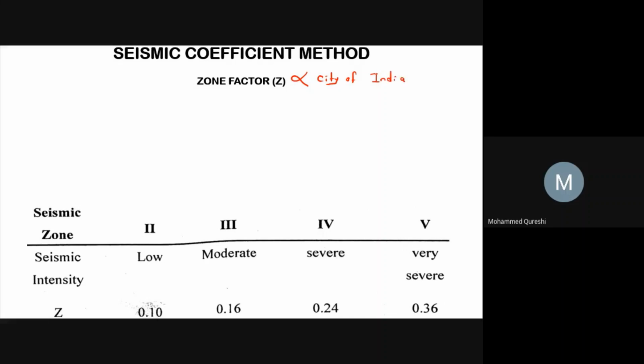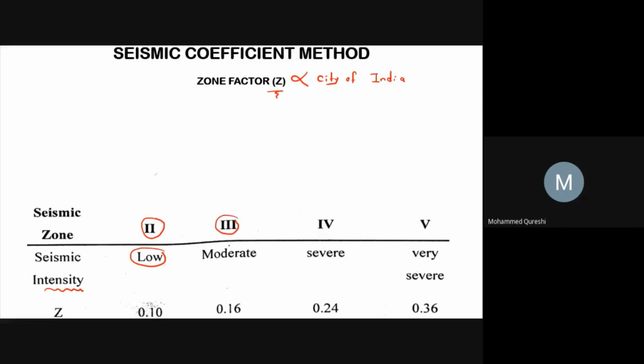The Indian map is divided into a number of zones as per earthquake prone severity of the area. As per IS 1893 part 1 2002, for low seismic intensity, the zone is named second.